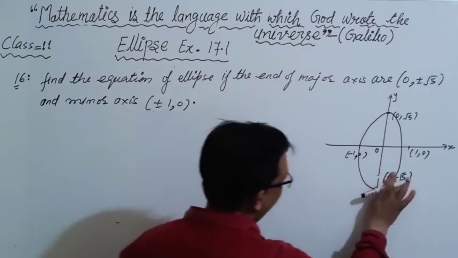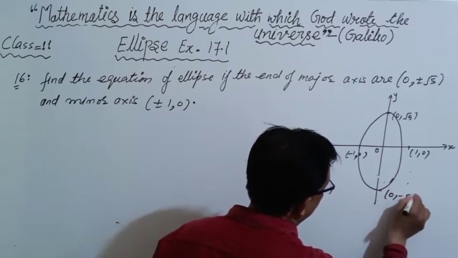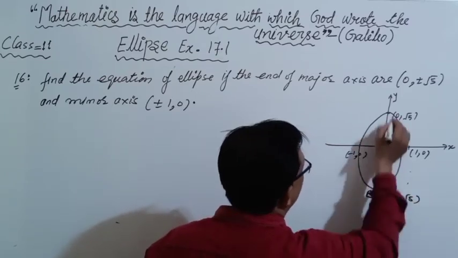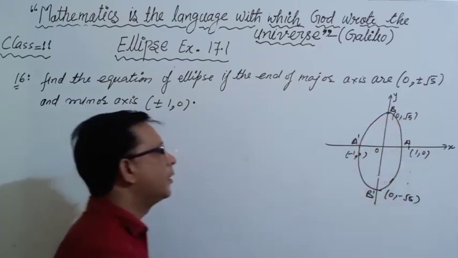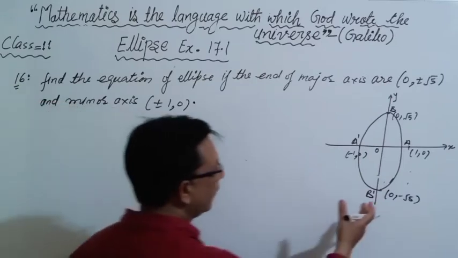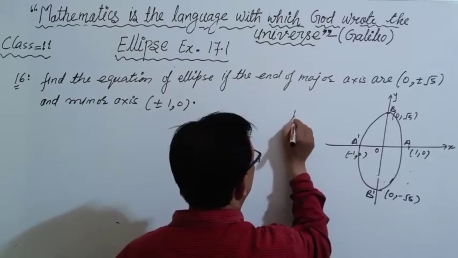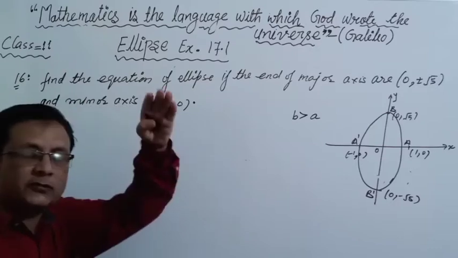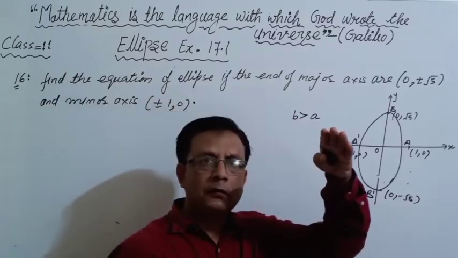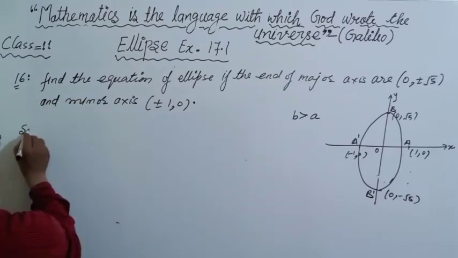From the diagram, this is B dash and B, and this is A dash and A. We see that the value of B is greater than A, because our major axis is along the y-axis.